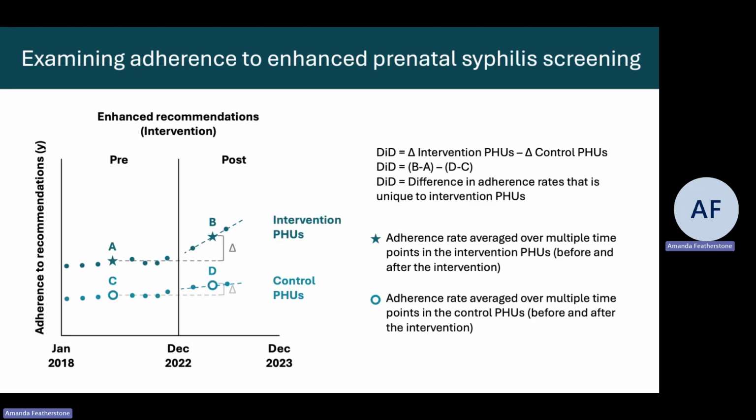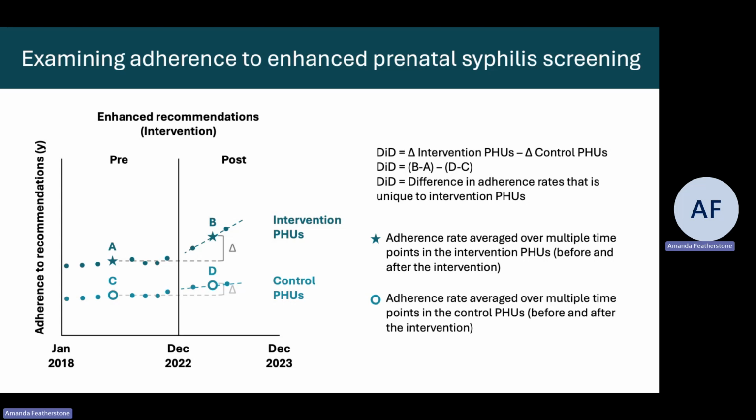The application of this design, similarly to what I already discussed, is used to examine the change in outcome between two time periods and between two groups. In this case, our two time periods will be before and after the enhanced recommendations were issued, and the two groups will be public health units in which there were new recommendations issued compared to public health units in which there were no enhanced recommendations issued.